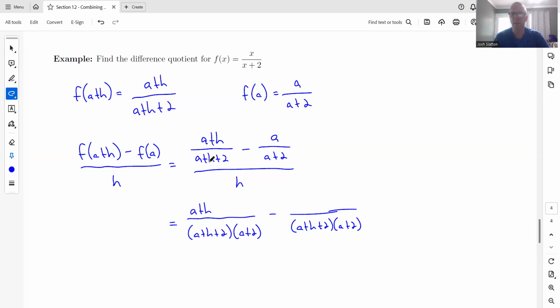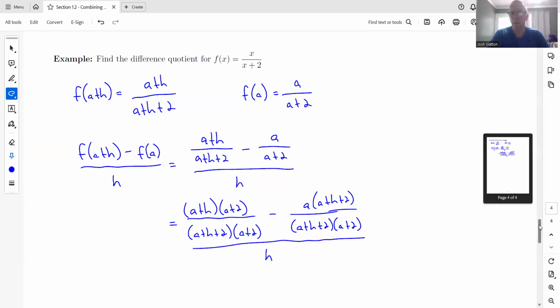So we went from a plus h plus 2, now we added in an a plus 2, so we need to add in an a plus 2 on top. Here we have an a that we started with. We had a plus 2 on the bottom. Here we had it in a plus h plus 2. So we need to put that on top. And then that is all over h.